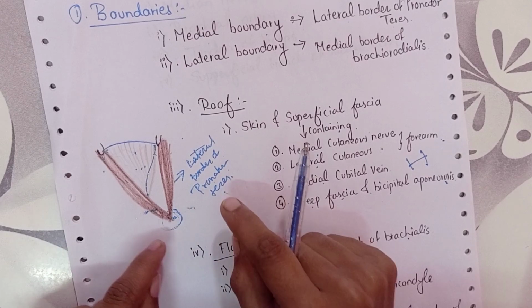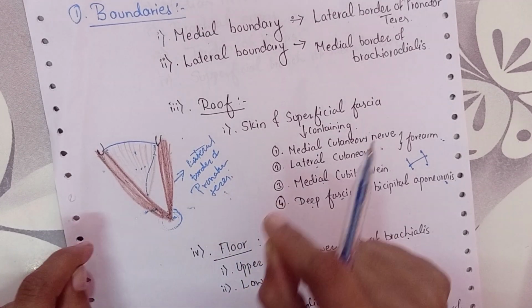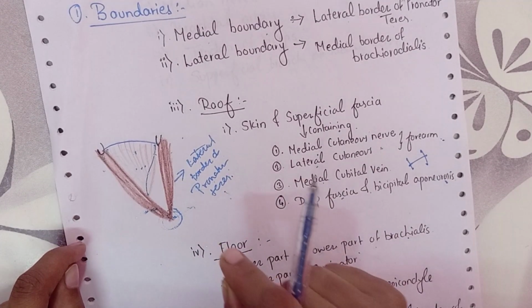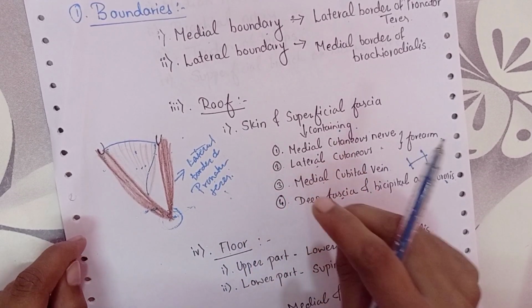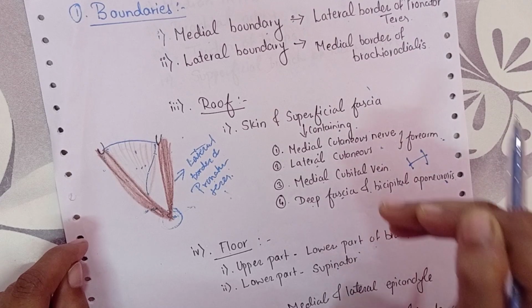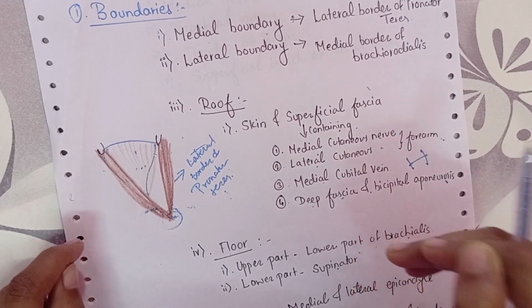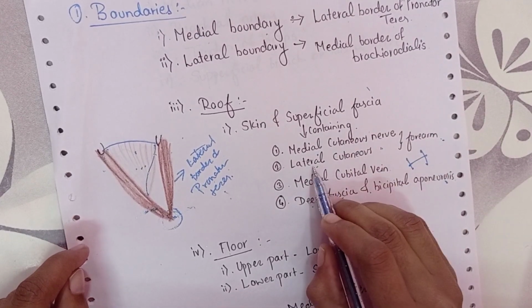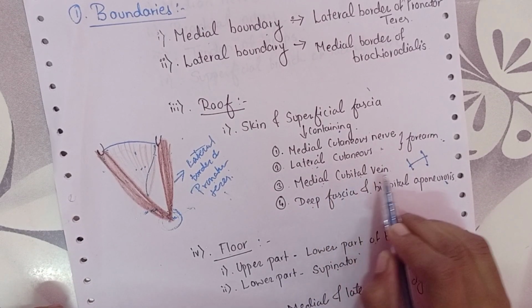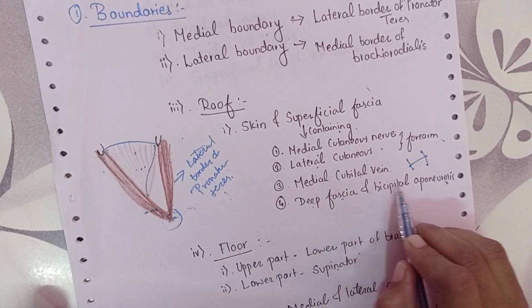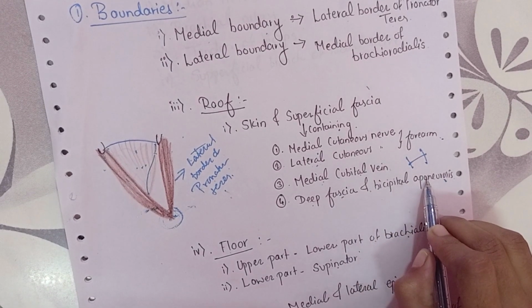In this way, we can see the boundaries of the cubital fossa, remembering that its medial border is bounded by the lateral border of the pronator teres, and the lateral border is bounded by the medial border of the brachioradialis. Then the roof is made by the skin and superficial fascia containing the medial and lateral cutaneous nerve of the forearm, the median cubital vein, and the deep fascia and bicipital aponeurosis.